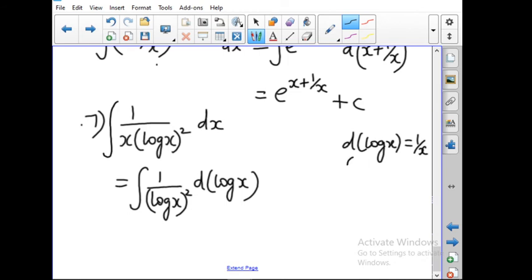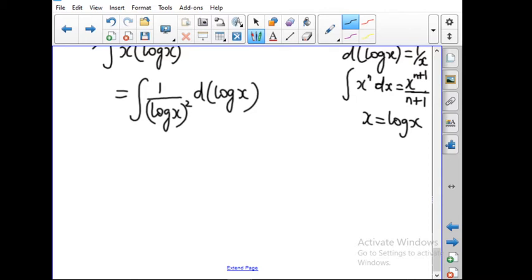Again we know that the integral of xⁿ dx is equal to x^(n+1)/(n+1). Here what is x? x is equal to log x. Okay, so how can you do this problem now? We have the differentiation of log x into 1/(log x)². So we can take this as (log x)^(-2) times the differentiation of log x.